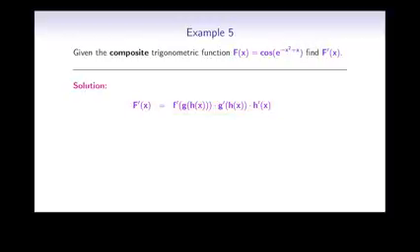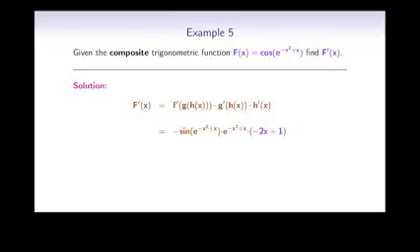Since little f is cosine of x, little g is e to the x, and little h is negative x squared plus x, we can compute these derivatives to see that F prime of x is negative sine of e to the negative x squared plus x times e to the negative x squared plus x times negative 2x plus 1.